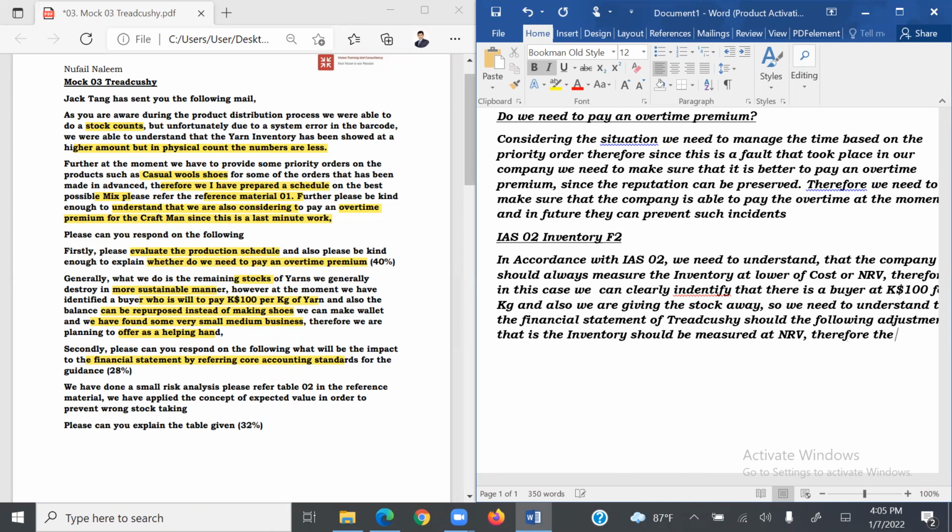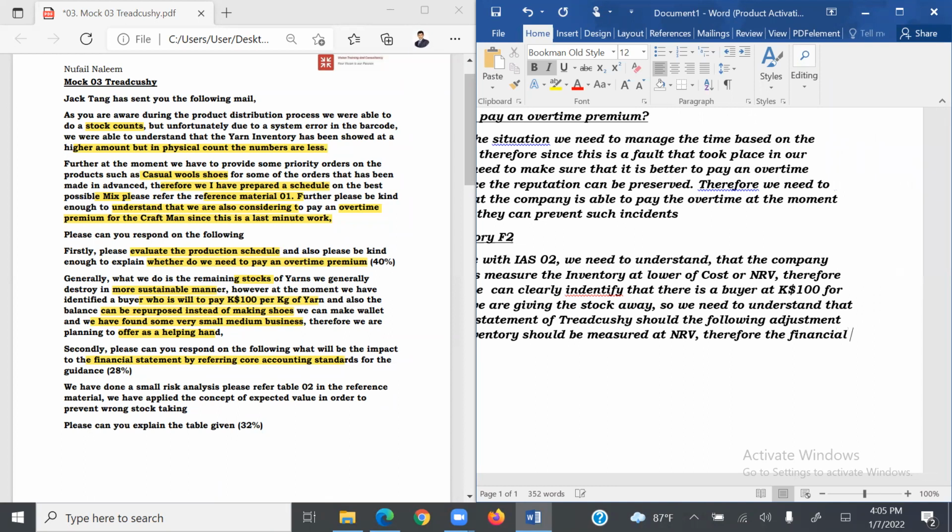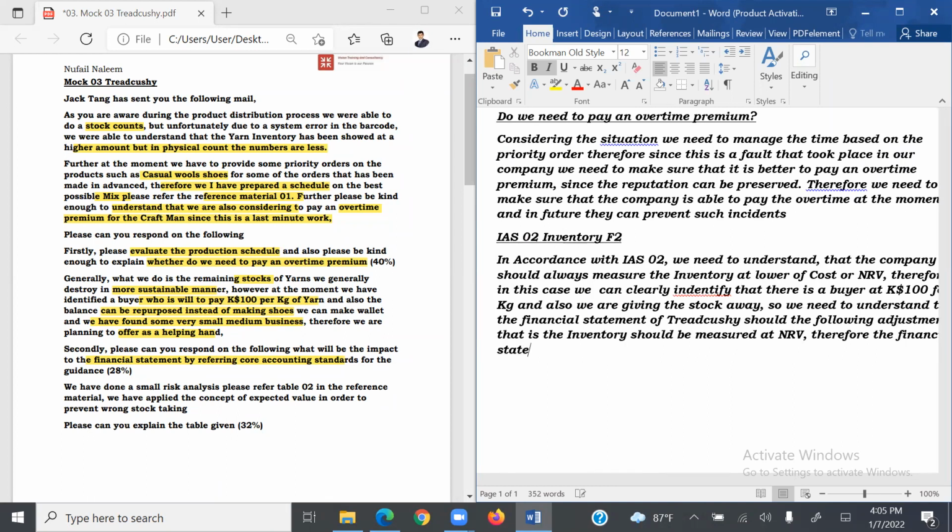Therefore, the financial statements will have a fair presentation. Students, are you getting this point? It is a basic aspect of IAS 2 only.